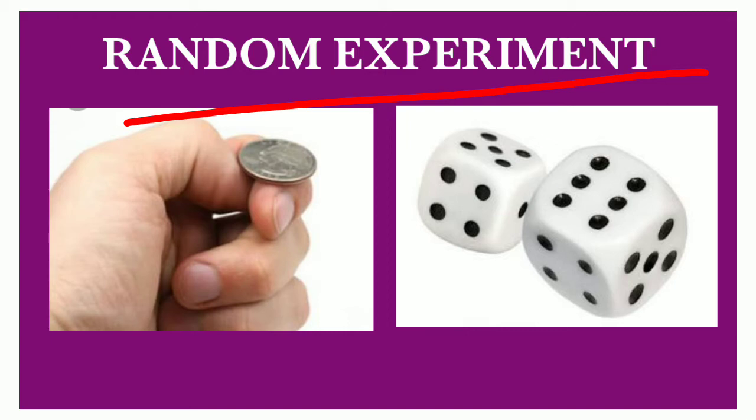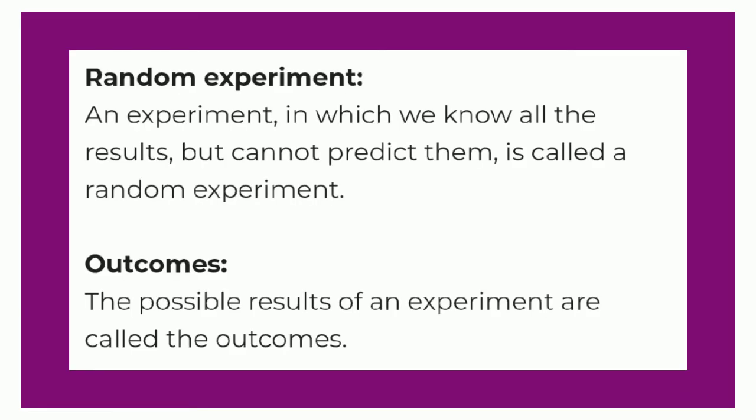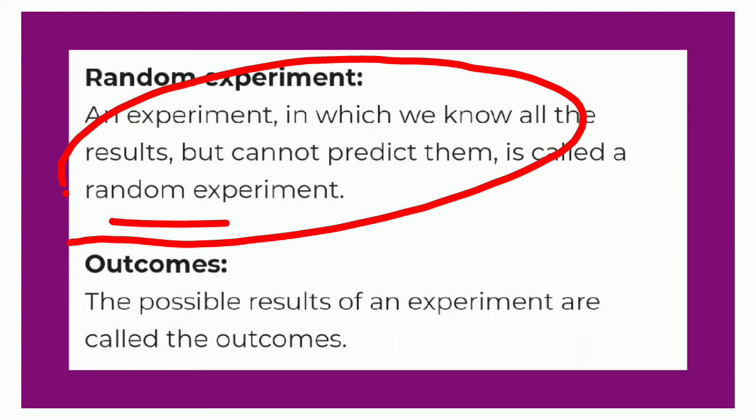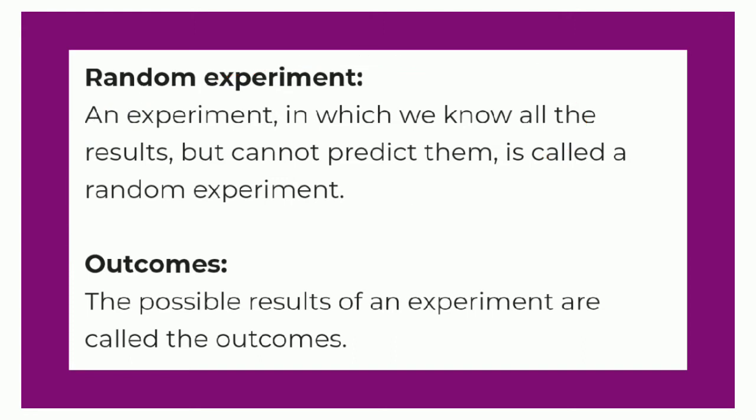Similarly, throwing a die is also an example of a random experiment because we cannot predict the answer before the experiment. So an experiment in which we know all the results but cannot predict them is called a random experiment.